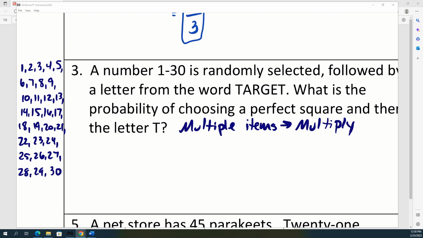That does take time, but your quiz tomorrow only has 6 questions. So if you need to do that to make sure you get the answer right, it's definitely worth your time.